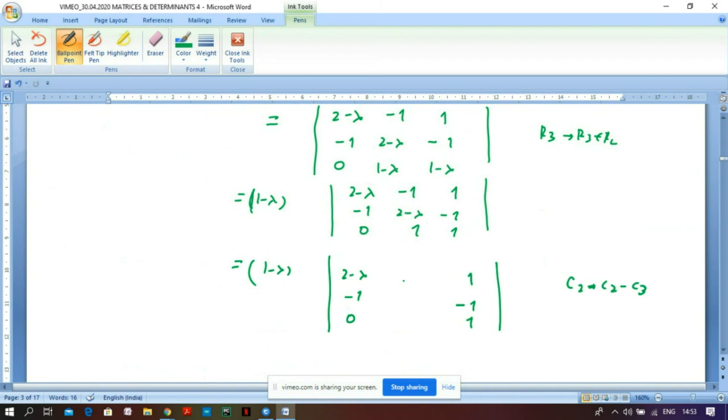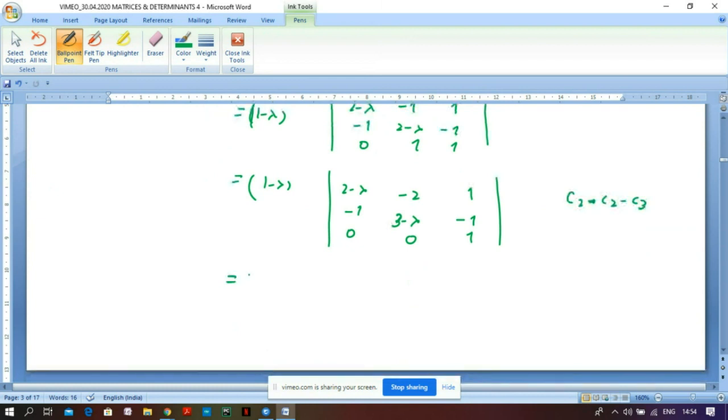That is -2, that is 2 minus lambda -1, that's 3 minus lambda, and 1 minus 1 is 0. Now we are good. We can expand around the third row and are just left with this block. That is 2 minus lambda, 3 minus lambda, and negate minus of 2, and that simplifies to 1 minus lambda.